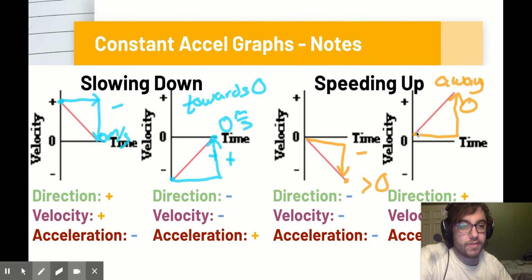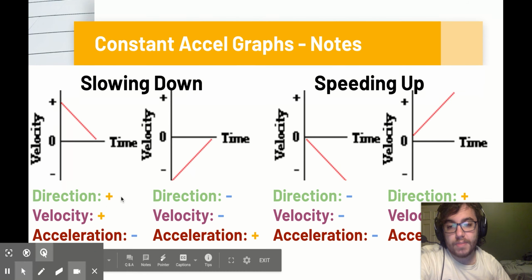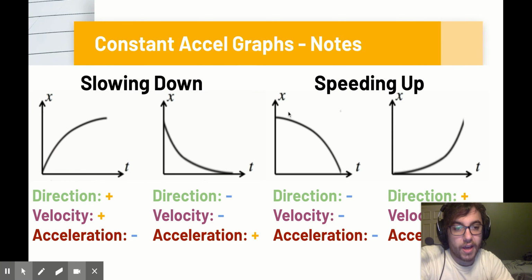The velocity versus time graph, each second, is getting greater than 0, or in value greater than 0. And we're moving away from that axis. It's the same thing as before, where the speeding up ones were increasing over time, and the slowing down ones were decreasing over time.